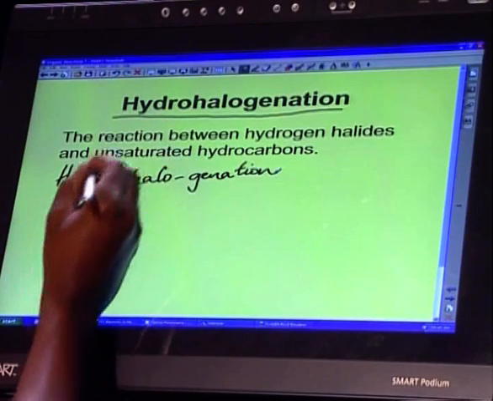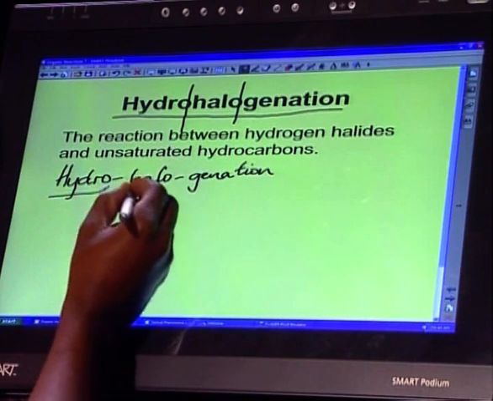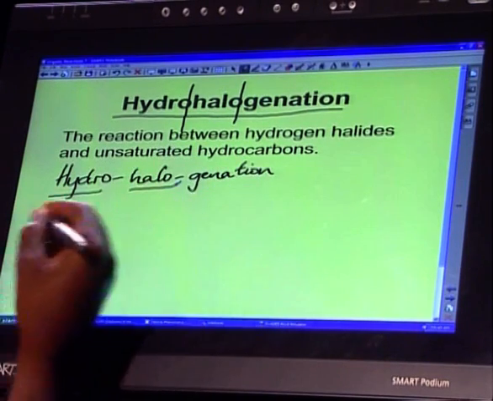You have combined hydrogenation and halogenation, and you have hydrohalogenation. In other words, it means you are having the two processes happening at the same time. You are bringing in a hydrogen, you are also bringing in a halogen in that process. So that is hydrohalogenation.